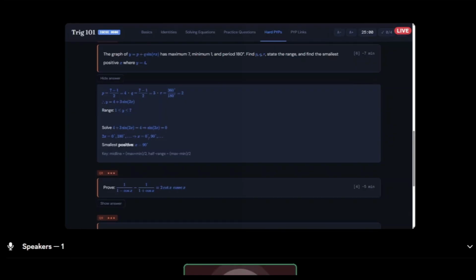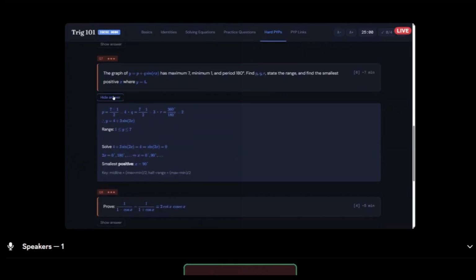Once you divide by 2, x equals 0 and 90, but they say smallest positive x. So x equals 90, because I'm not sure if 0 is considered positive or negative. But yeah, the answer is 90.